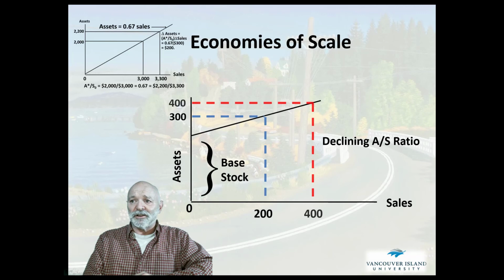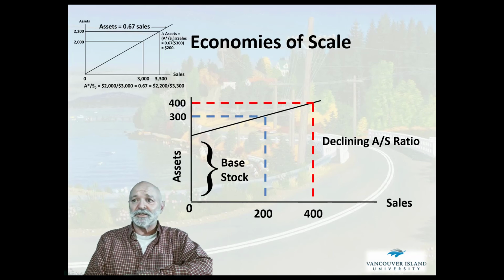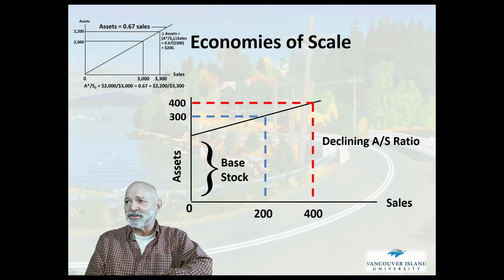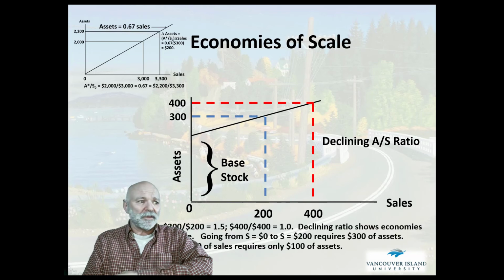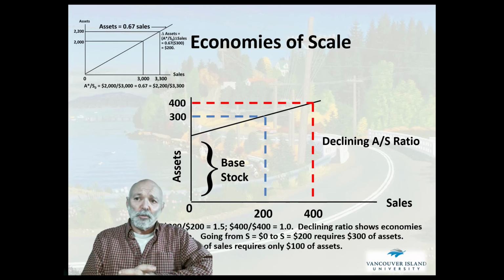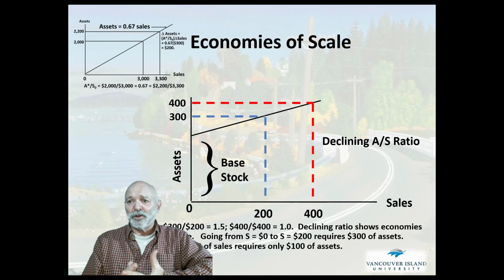If we increase our sales, if we double our sales with the same line, essentially we'd have to have $400 million in assets to do $400 million in sales. So the slope at the first point, 300 million divided by 200 million, was 1.5. 400 divided by 400, so the slope becomes 1.